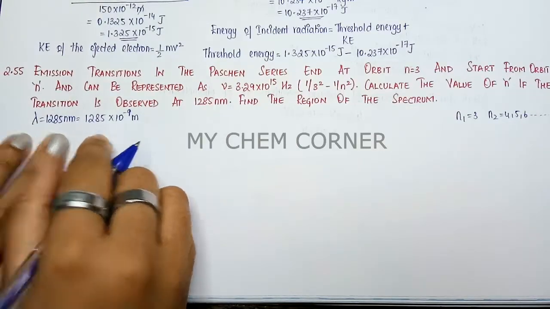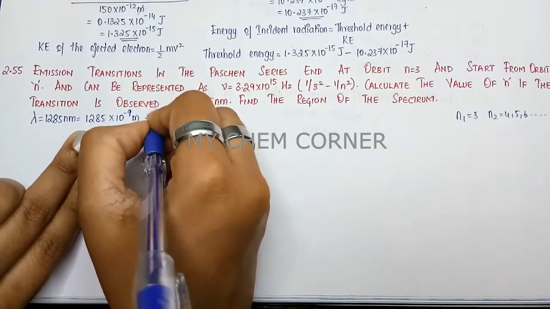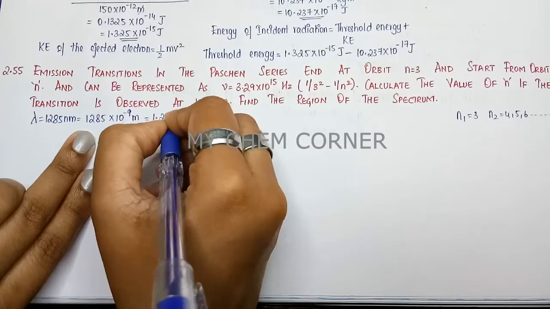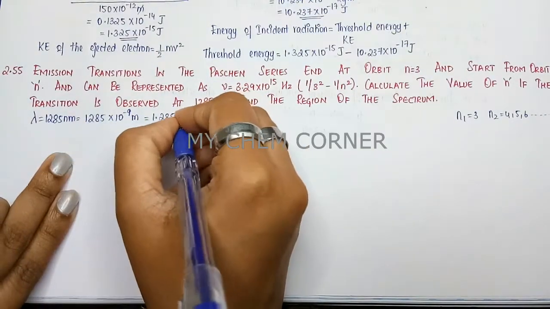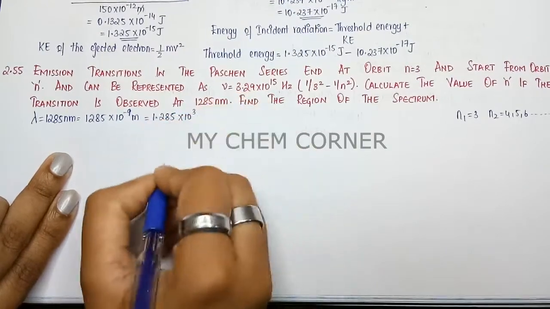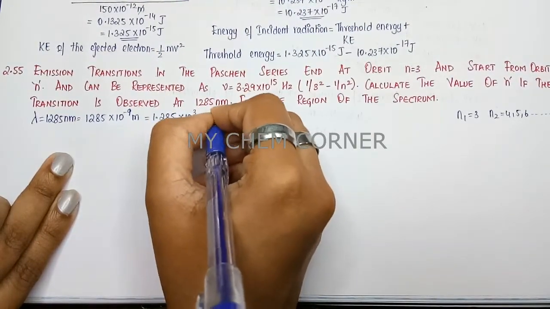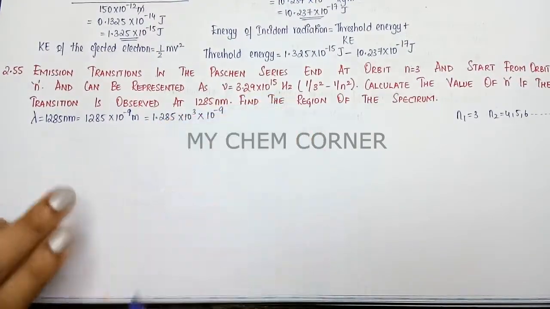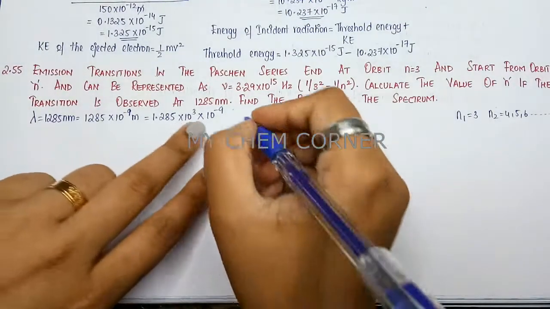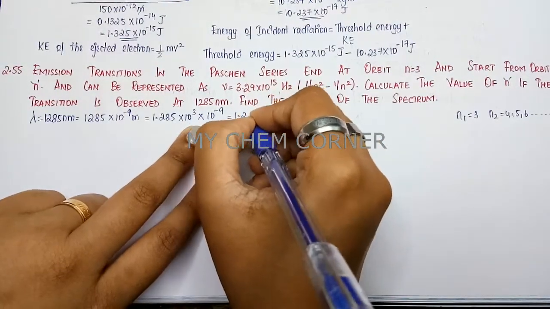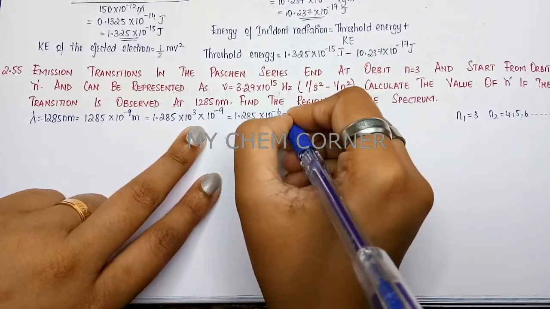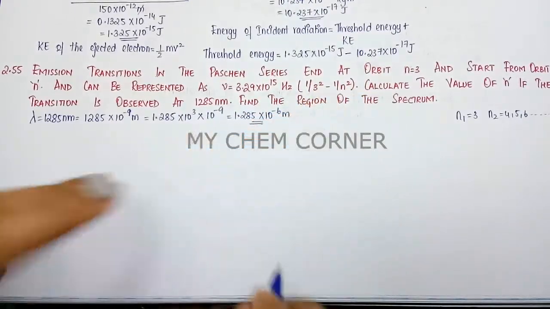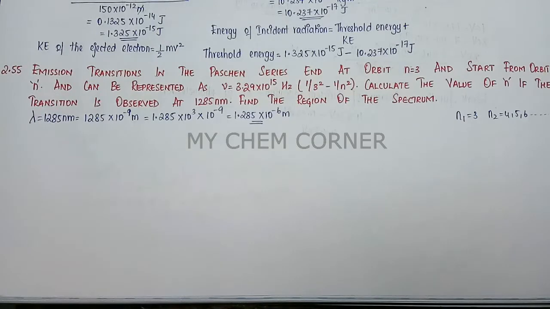But we need some significant figures here, so we write 1.285 into 10 to the power 3 into 10 to the power minus 9. When we simplify this, you will get 1.285 into 10 to the power minus 6 meter. So this is going to be the wavelength that we are going to use.